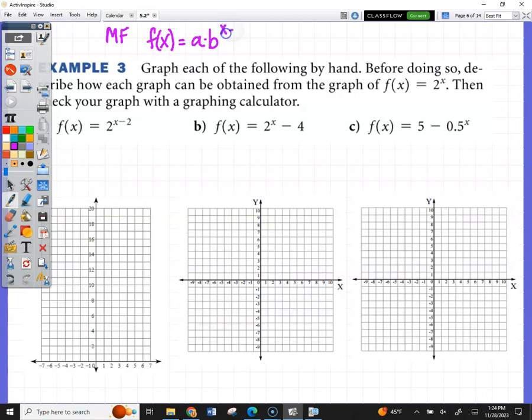Then we have x minus h up here in the exponent's place, and then at the end we have plus k.